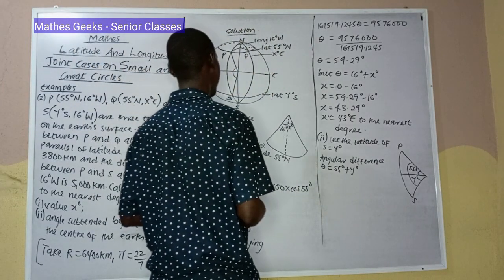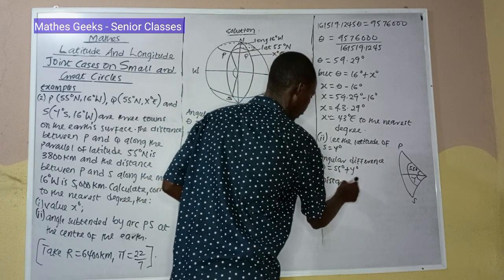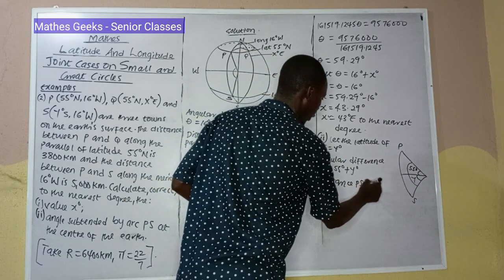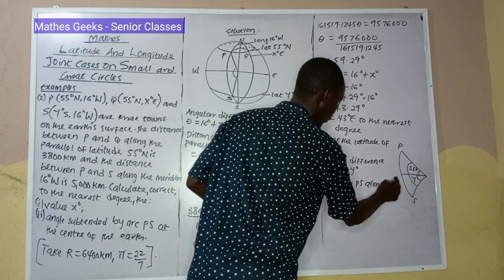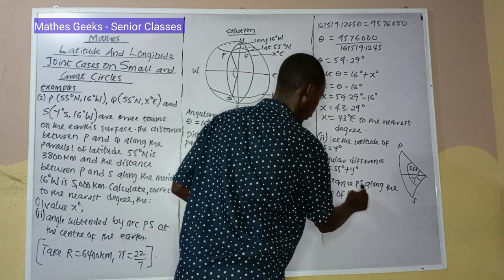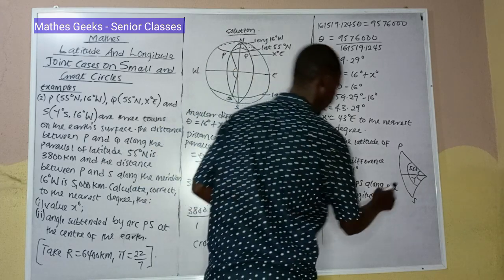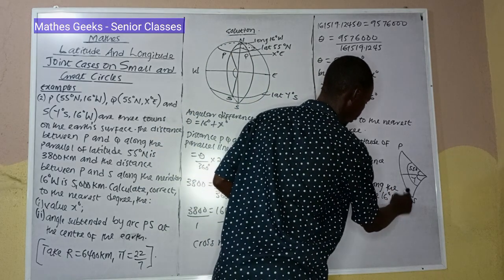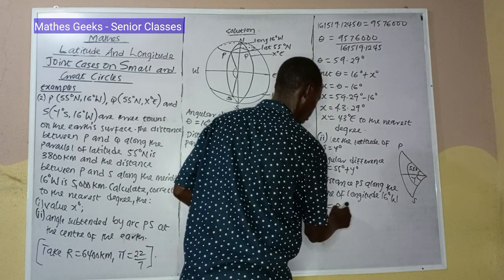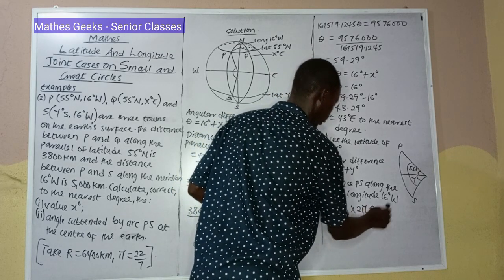PS is along a great circle, the line of longitude 16 degrees west. The distance is theta over 360 degrees times 2 pi r.